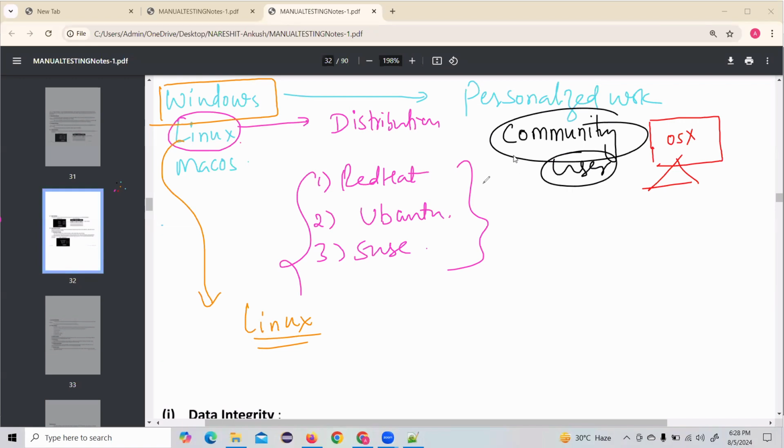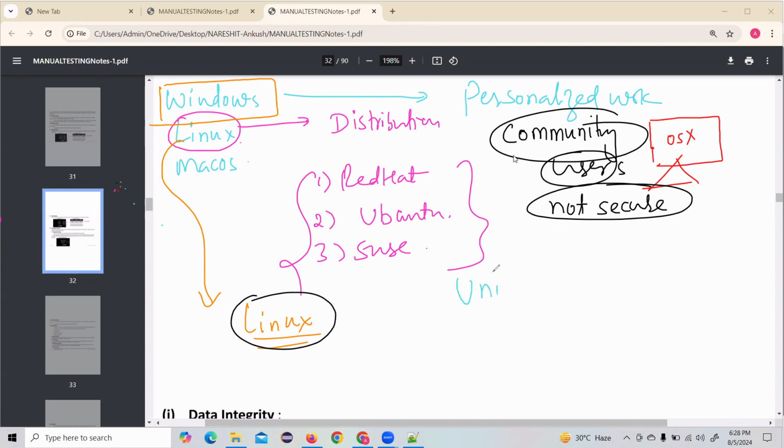It is not useful for community users. And one more thing, Windows is not secure also. So which one are we using? Linux. You know how this Linux came into picture? There was one Unix. Okay, leave it. We'll not discuss it. So these are all operating systems: Windows, Linux, and Mac OS.